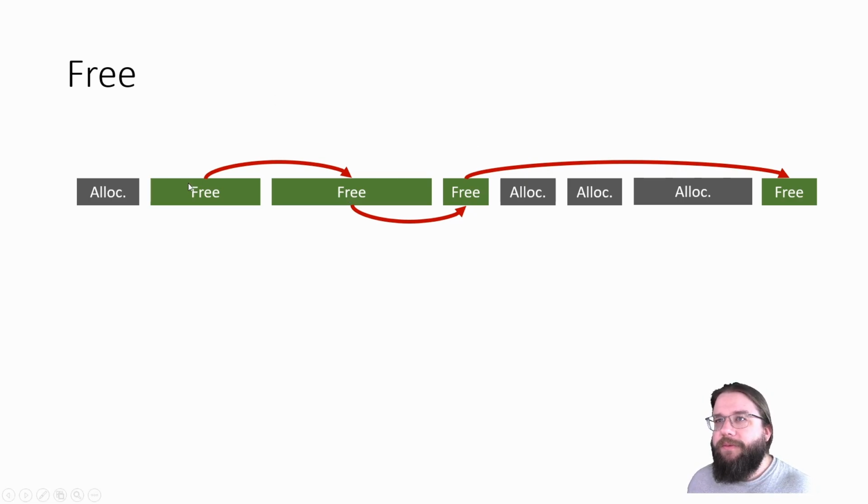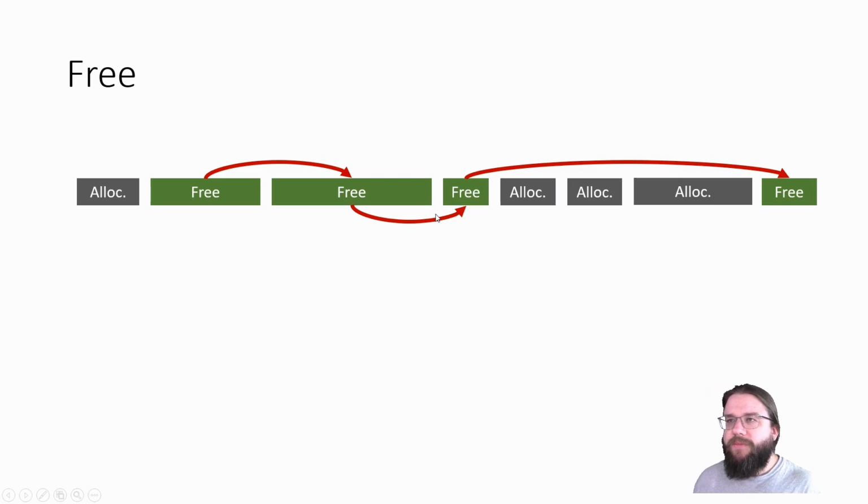And that means that we also need to update a couple of pointers, because since this is now a free block, this free block here is now not the next one in line after this guy. So we need to change this first node to point to the second node here. And we need to change this second node to point to the previous second node, which is now the third node. And then from there, we're good to go.